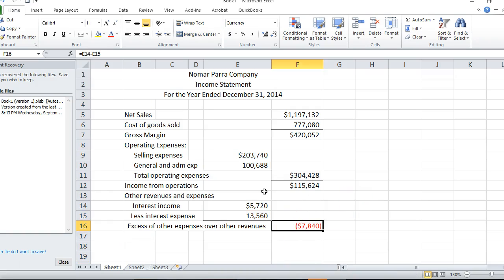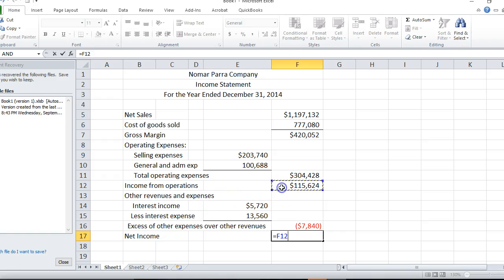And then ultimately, we show the bottom figure, net income is going to be the 115 minus our 7840. $107,784.